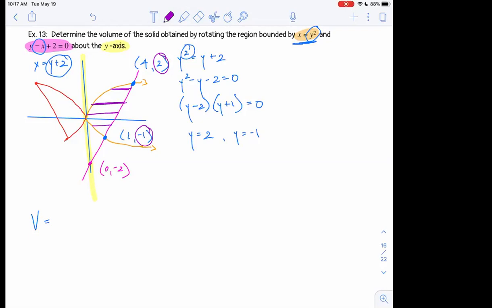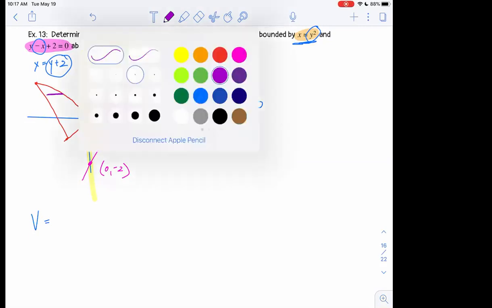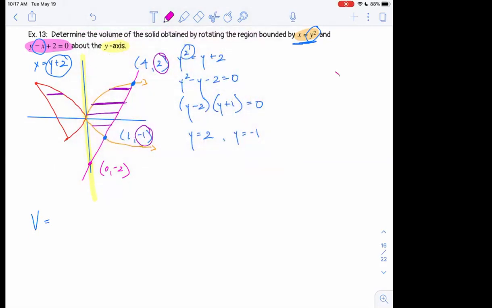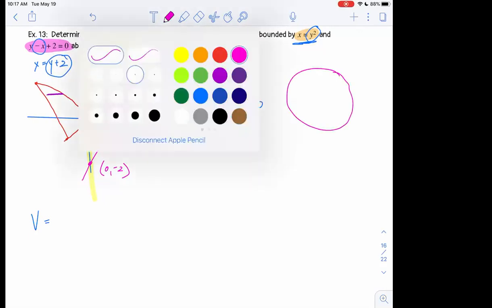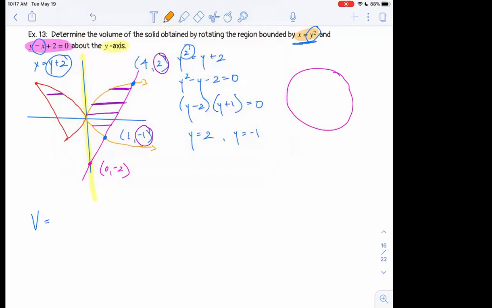So if I took this slice up here, the pink curve would make a circle around the outside, and then the orange curve would make a circle on the inside. Okay, so this is a case for washer where we're going to have big R squared minus little r squared.